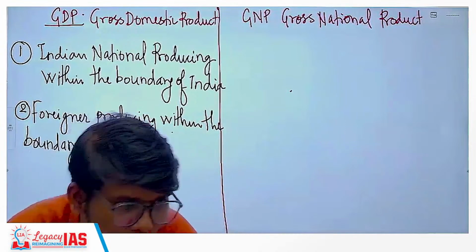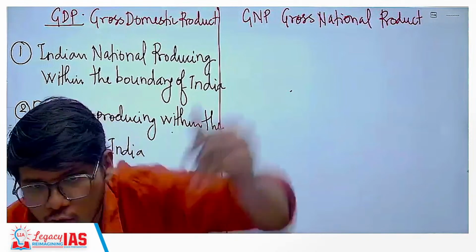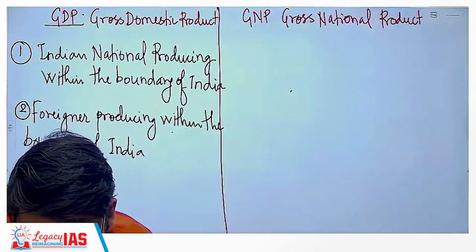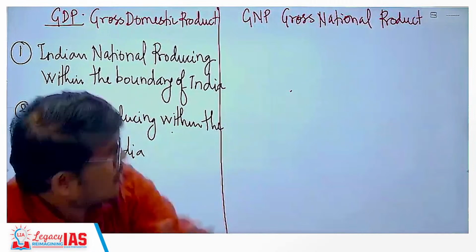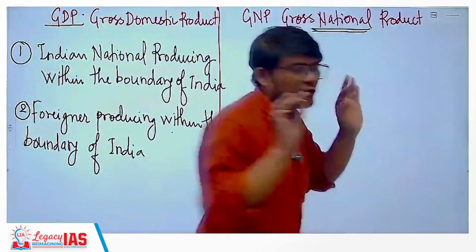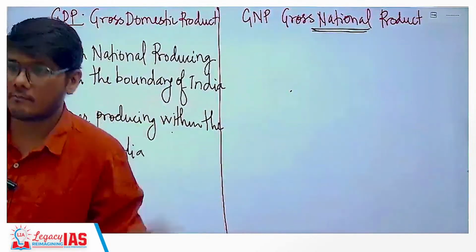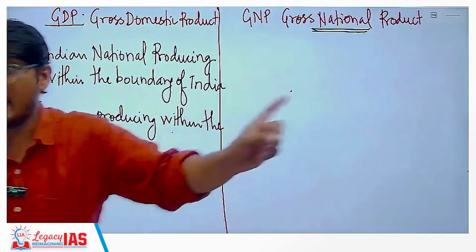When Indian national produces in USA, still it is gross national product. When Indian national produces on Mars, still it is gross national product, right? अपने से कुछ ऐड नहीं करना है. So in gross, the idea is an Indian national should produce it. That's it. वो कैसे प्रोड्यूस करता है, किधर प्रोड्यूस करता है, does not matter. The only idea is an Indian national should produce it.